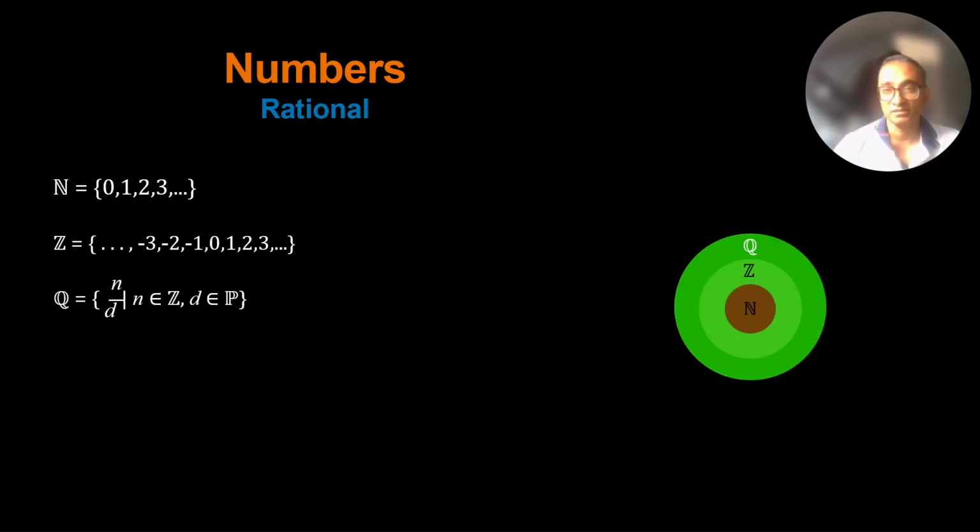This gets extended into rational numbers, where we have a numerator and a denominator, where the numerator may belong to the integers and the denominator may be any number from the natural series.